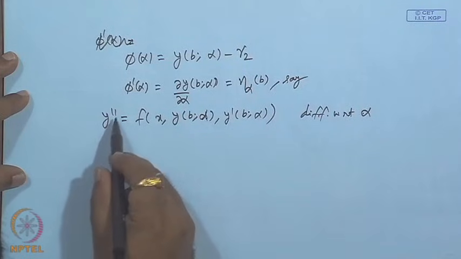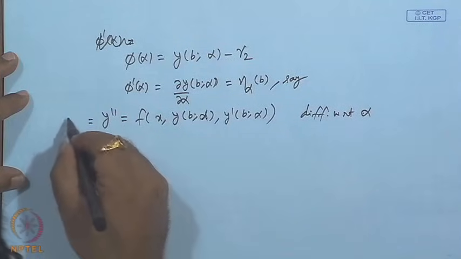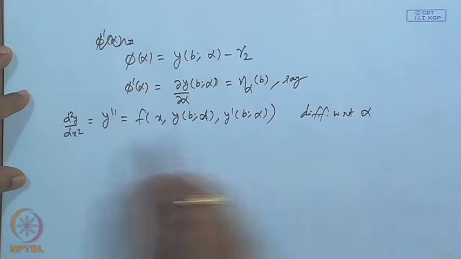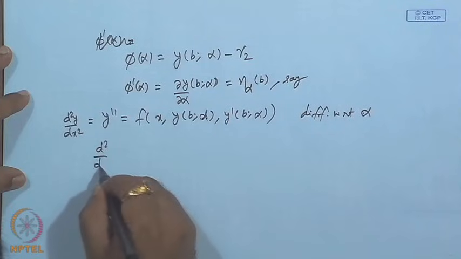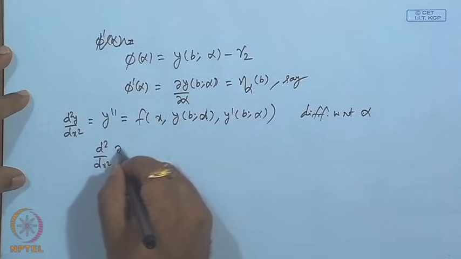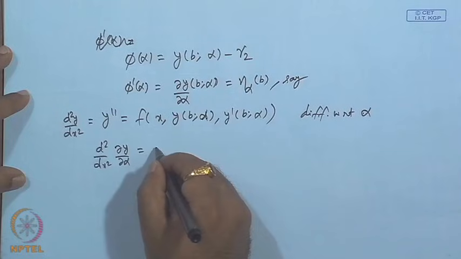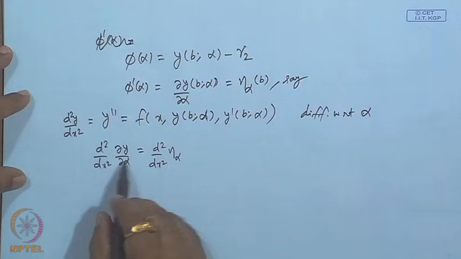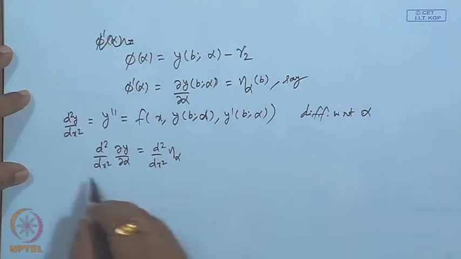See, this prime is with respect to x. Now, if I differentiate with respect to alpha, alpha goes in, I can take it inside, so this is eta alpha. Remember, this is at b.